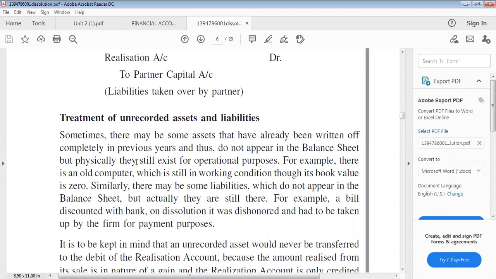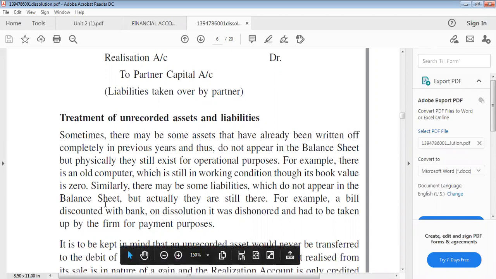So, for example, there's an old computer which is still in working condition, though its book value is 0. Similarly, there may be some liabilities which do not appear in the balance sheet.